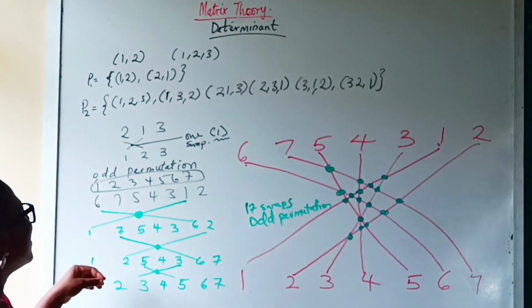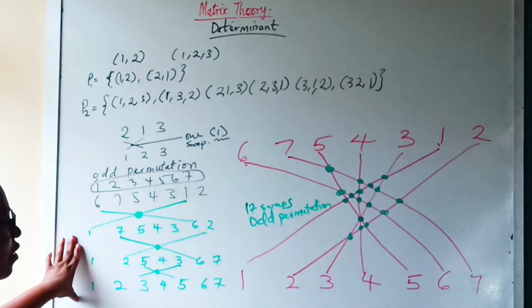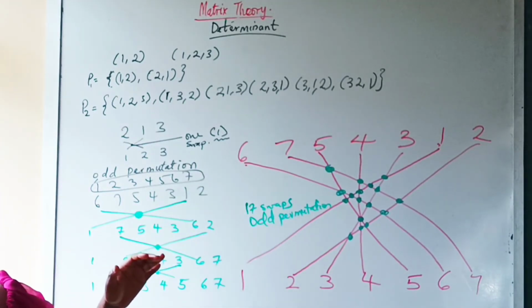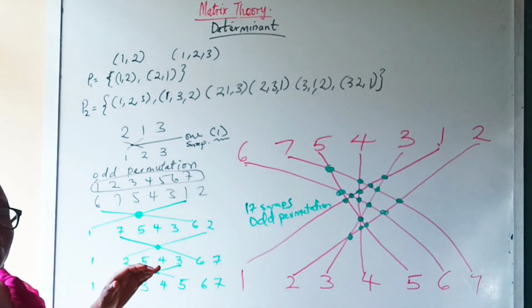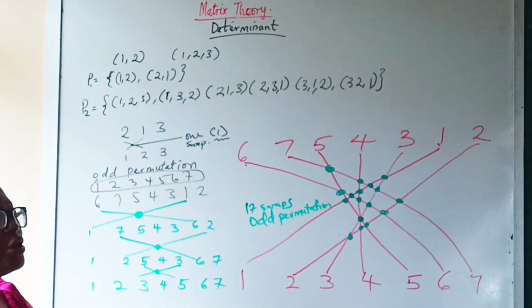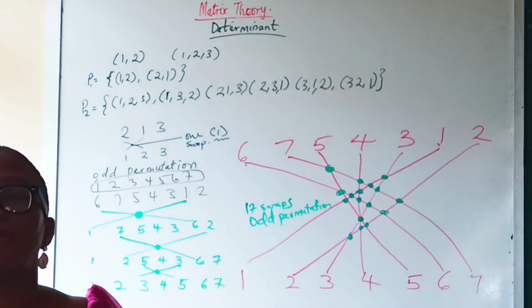Whether you use this way or you use this way, you will still have an odd permutation. Even if it's Obi that did it or it's Dada that did it, they will still have an odd permutation. But the number of swaps will be different. Now, if your permutation is odd, then the sign for that swap is minus.